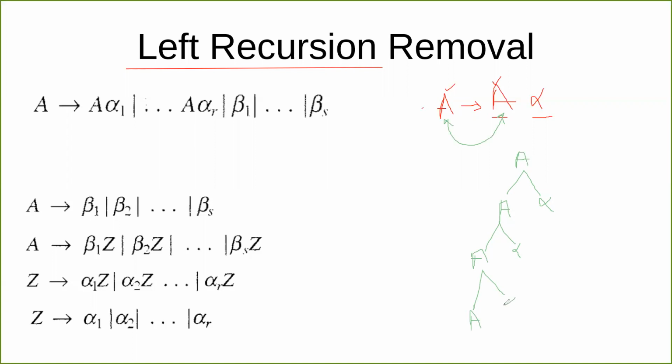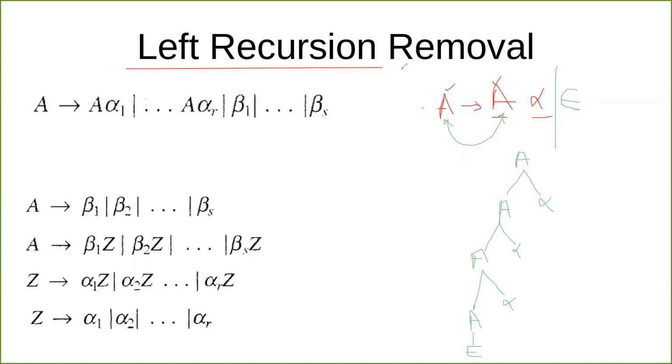It would continue till we get the base case of A. If there is this type of format in any production, then we say there is a left recursion in our grammar.